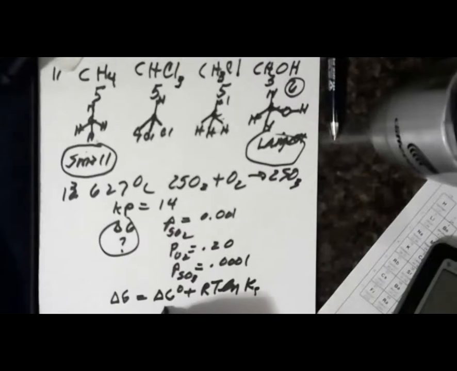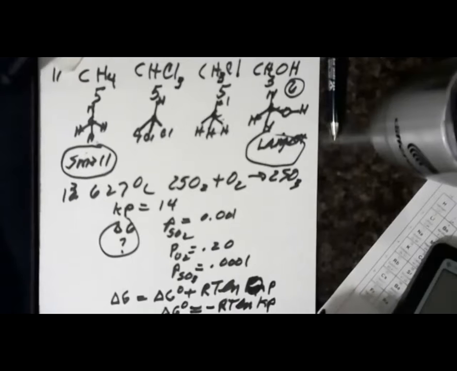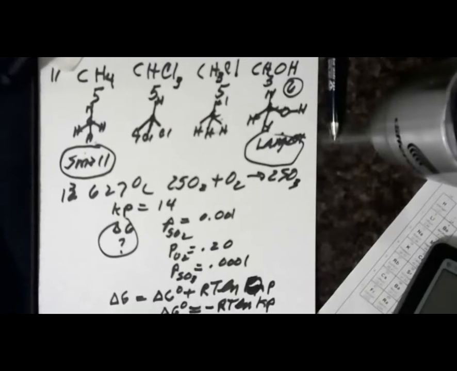The other one we need is delta G with the superscript, which is minus RT ln of Kp. So I can plug these in. I get delta G is equal to minus RT ln of Kp plus RT ln of Q.